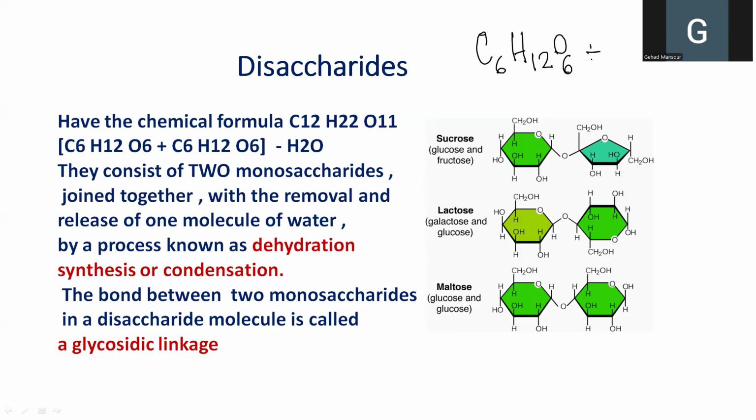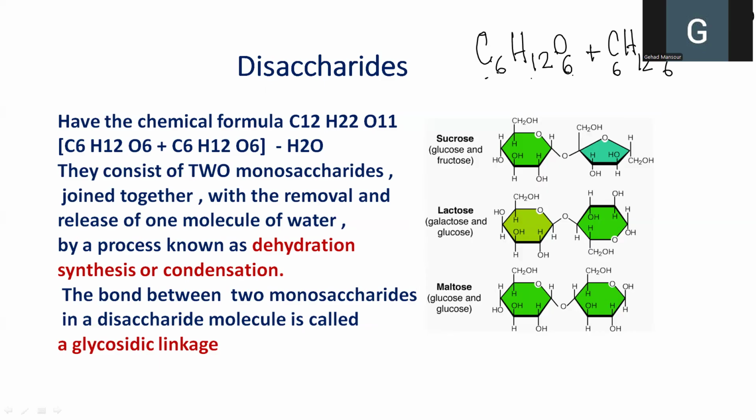C6H12O6. So if you add another C6H12O6 and then you remove one molecule of water, then you wouldn't exactly have the double of each of the elements, because there is, in addition, one molecule of water that has been removed.